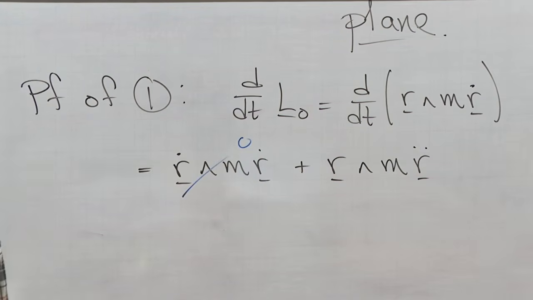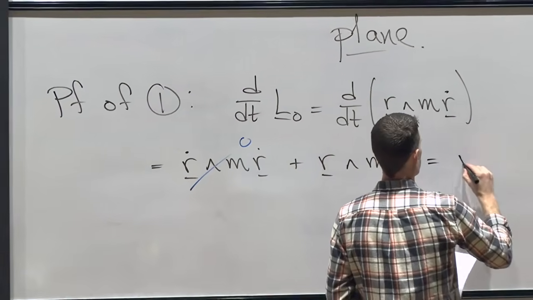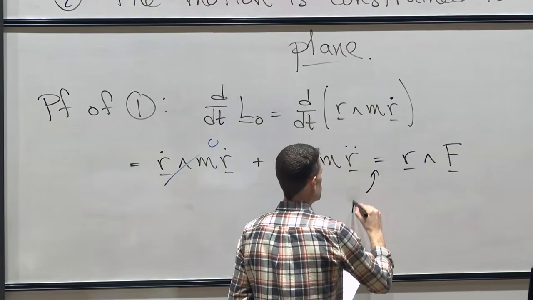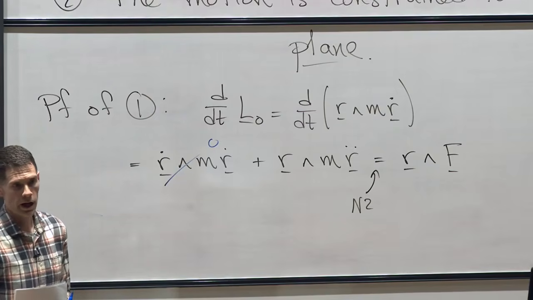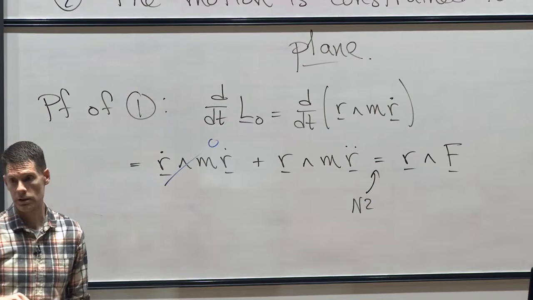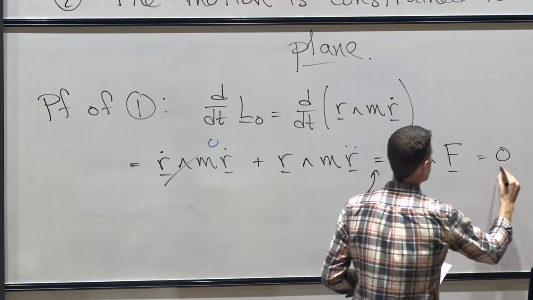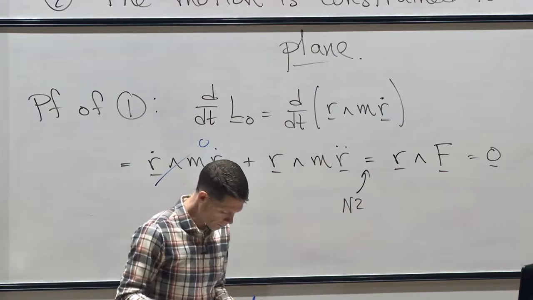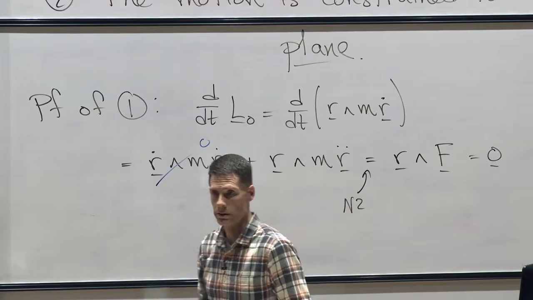But m r double dot, that's Newton's second law, is equal to F. So this is r cross F by Newton. So if F is a central force, then it points in the same direction as the position vector r, which means this is also 0. So L0 dot is 0, which means L0 is constant. Okay, let's stop there, and we'll start with statement 2 next time.